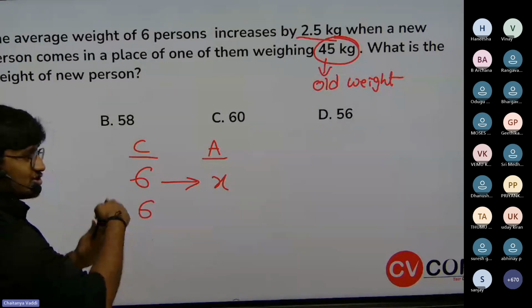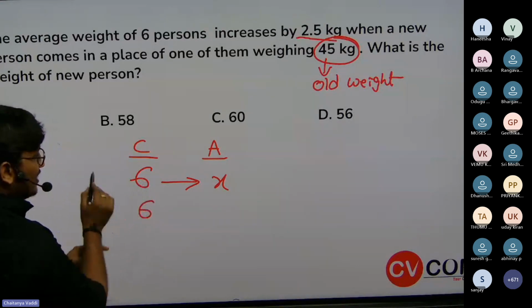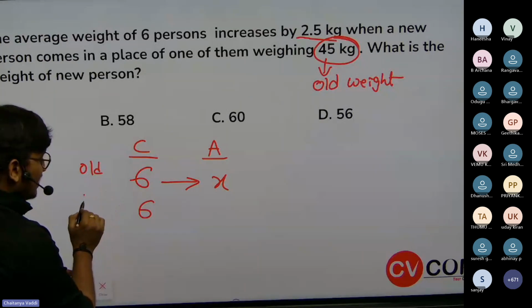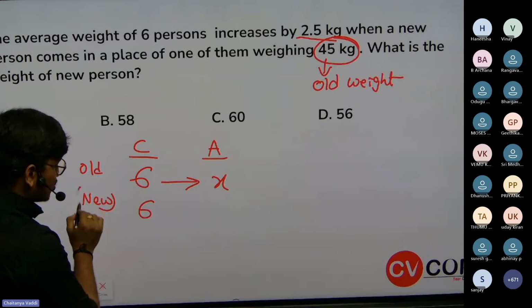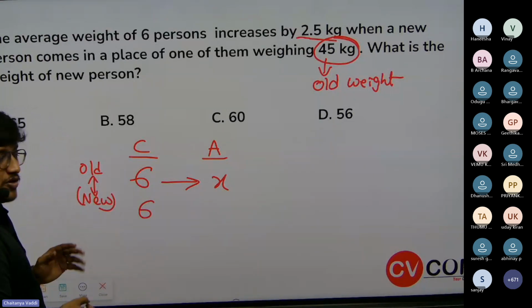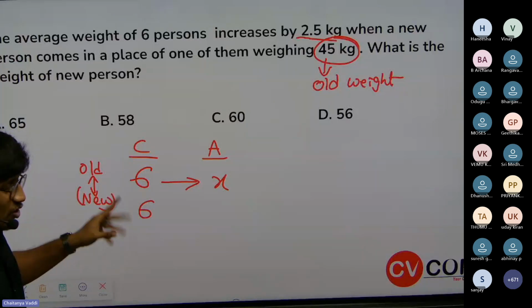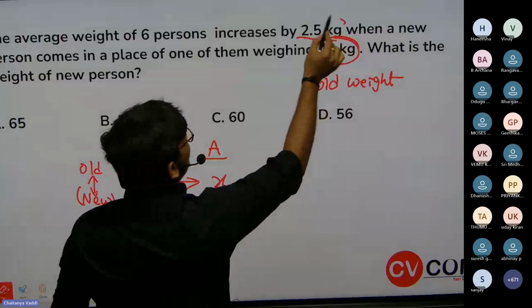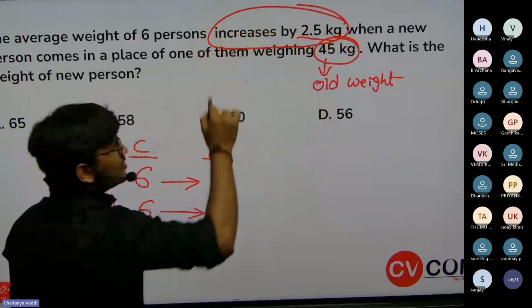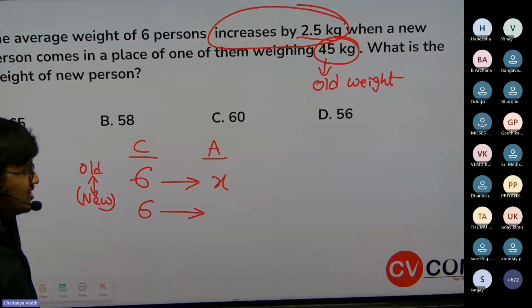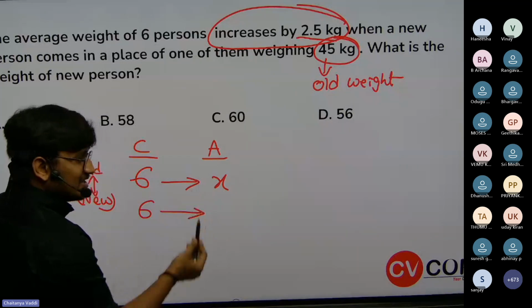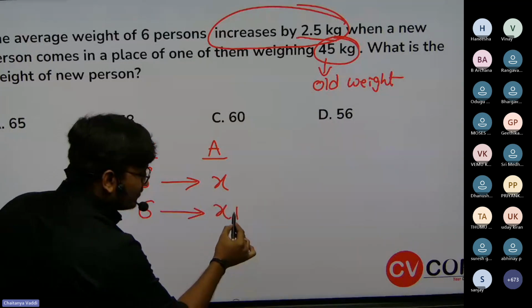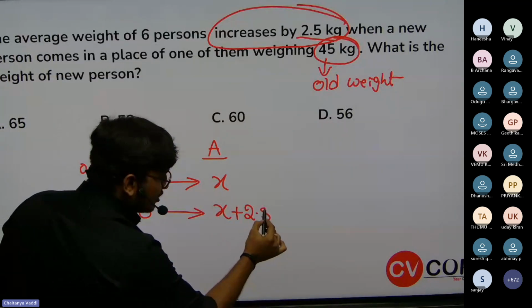Let's assume that here we have an old person and here we have a new person. So in place of the old person, the new person came into the picture. So the count will not change. So now what happened to the average? Here they have clearly mentioned that the average is increased by 2.5 kgs. So when I am assuming it as X initially, now the average will be X plus 2.5.